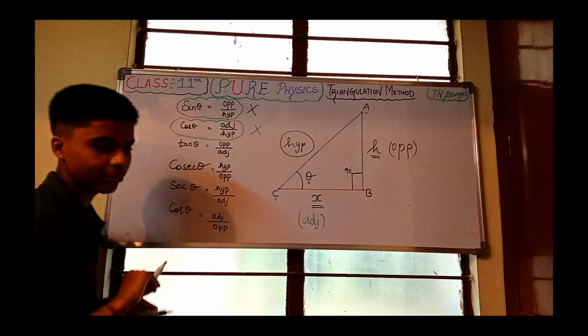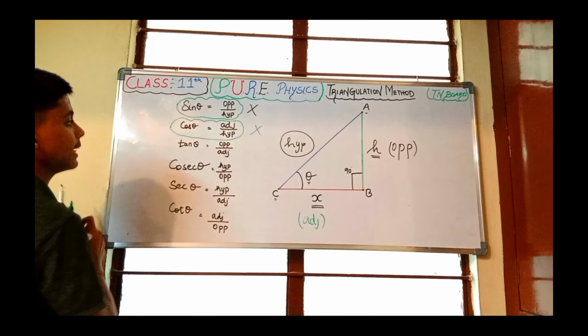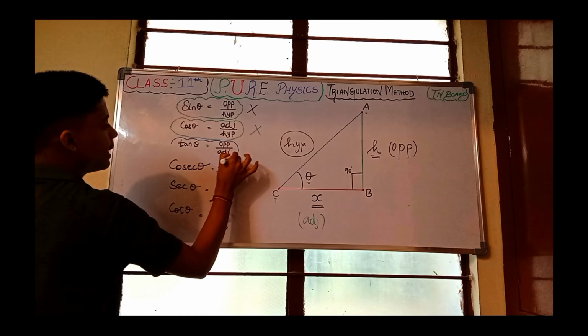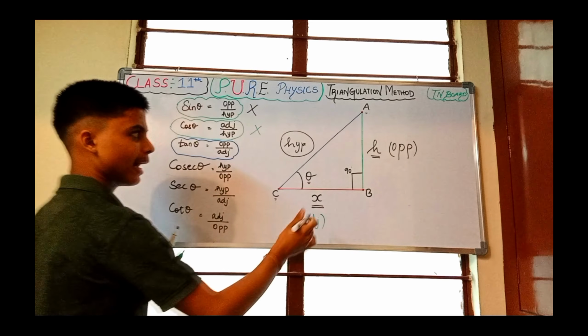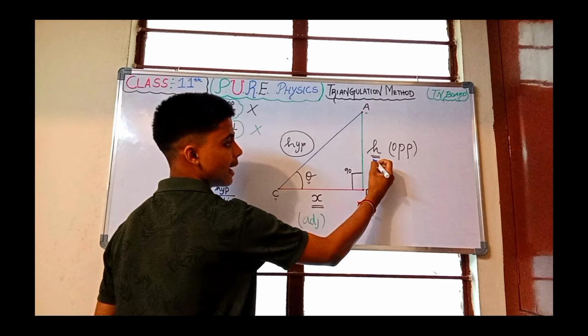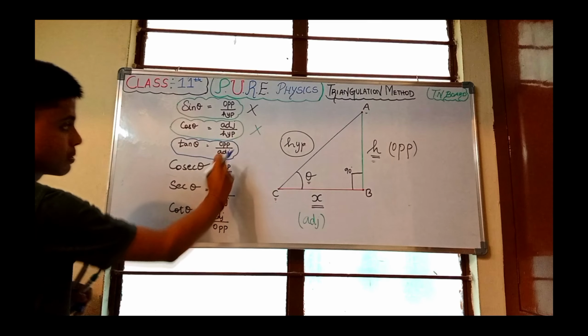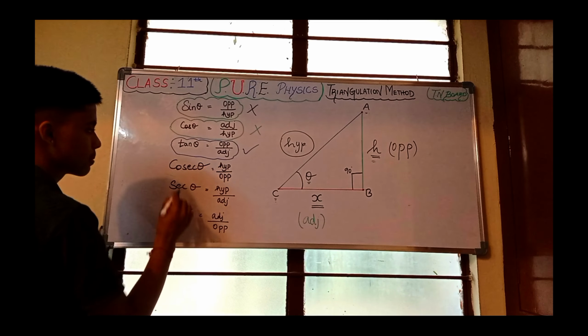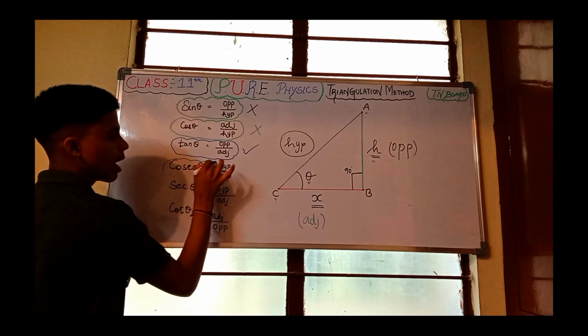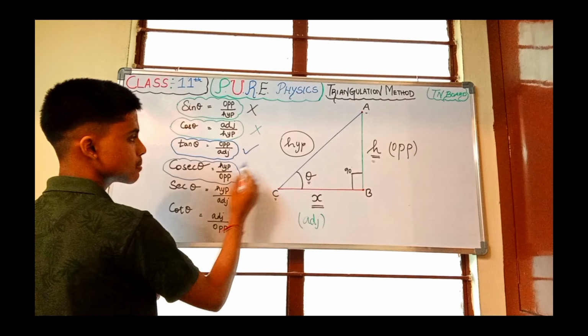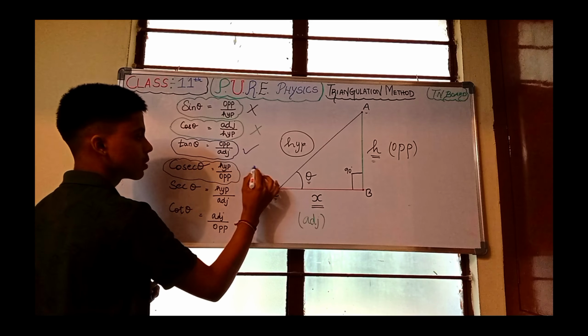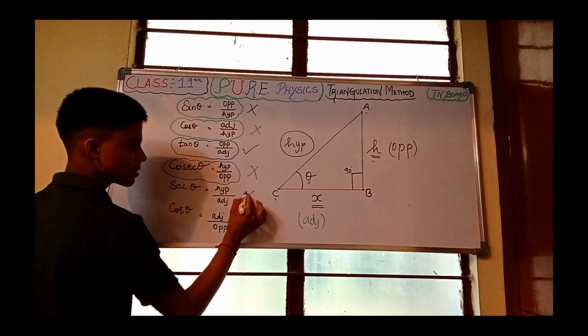In the place of tan theta, I don't have any hypotenuse. I have only opposite and adjacent. I have both adjacent and opposite. So I have H as opposite and X as adjacent. So I can substitute here. So this is possible. I cannot substitute in the place of cosecant theta because there is hypotenuse, and I don't have any variable or any value for it. So this is impossible. Secant theta is also impossible.